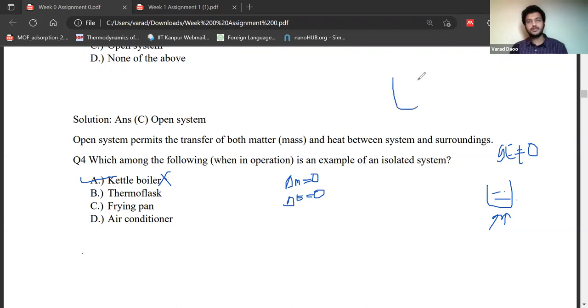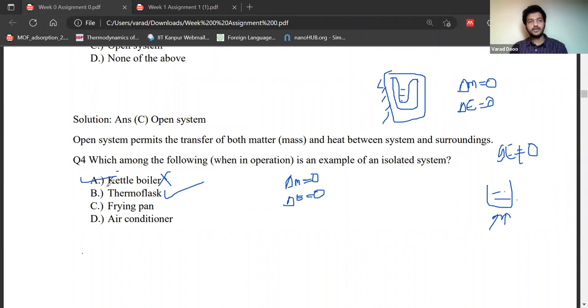Thermoplast. What we have is a thermoplast like this, we put water and it is closed. For this, delta M is equal to 0 as well as delta E is equal to 0, so this can be an isolated system. But let us not stop here.